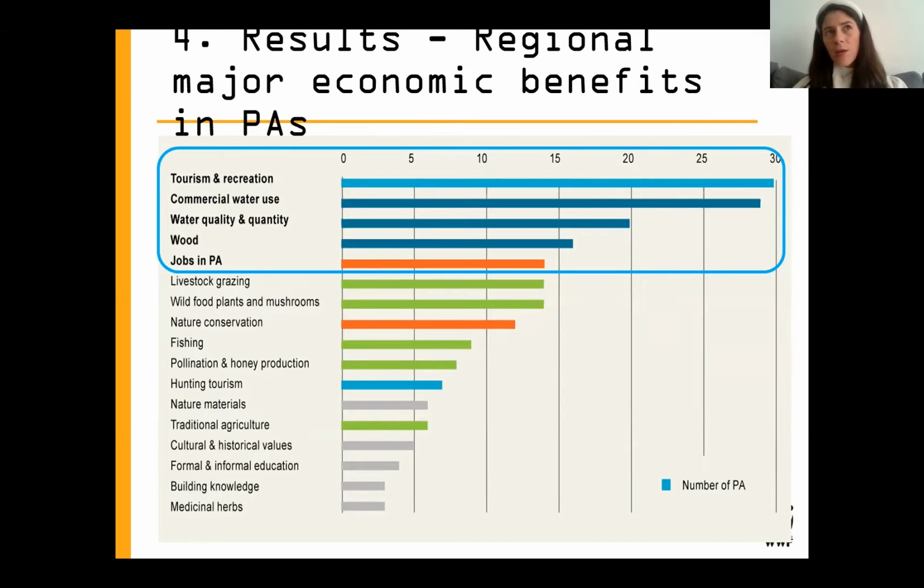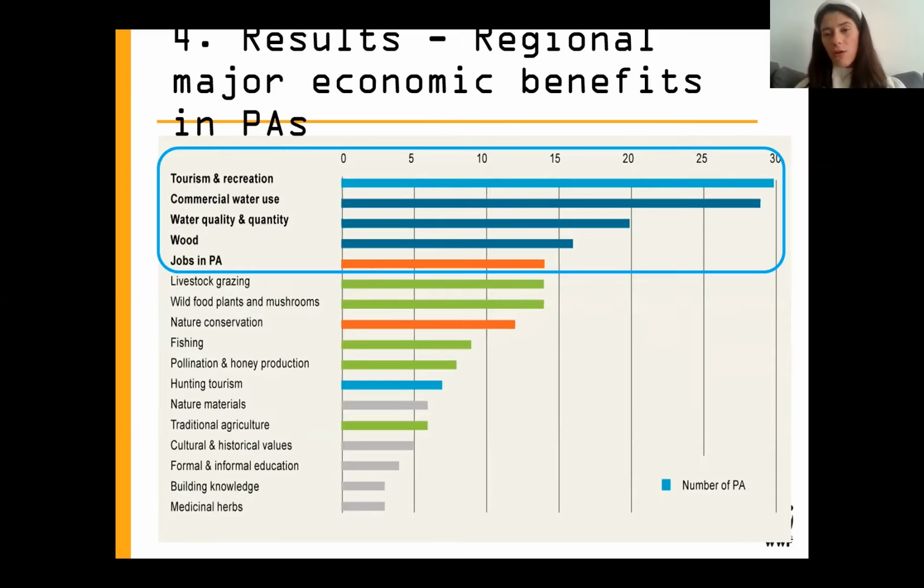So protected areas are cutting their own forest in order to provide jobs and an income for the PA management, which is not really according to how we perceive nature conservation, but it is how it's done in some of the countries in the region.